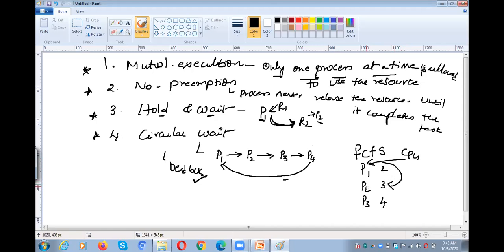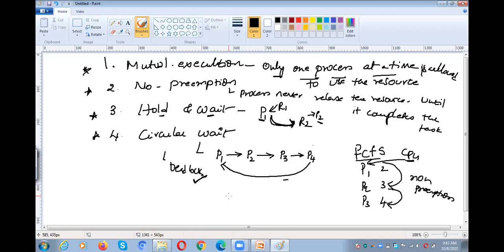Now P2 uses 3 milliseconds of CPU time. After completing P2 only, we switch the CPU from P2 to P3. That means only after the completion of a task will the CPU be allocated to some other process, not in the middle of the execution. That is the reason why FCFS comes under non-preemption.